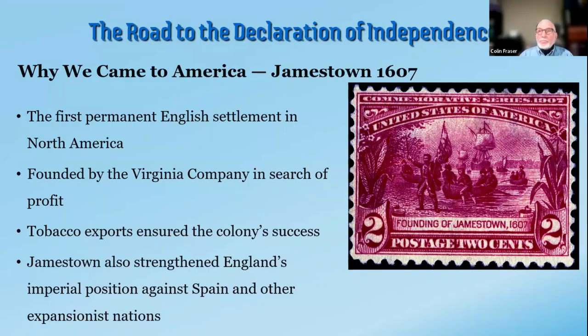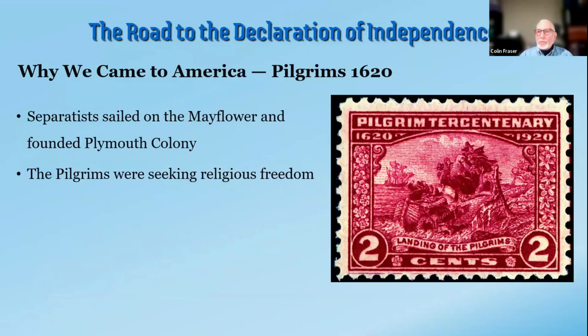Despite its commercial intent, Jamestown also served to strengthen England's imperial position against Spain and a lot of the other expansionist countries that were visiting the New World. 1620, the Pilgrims arrived.